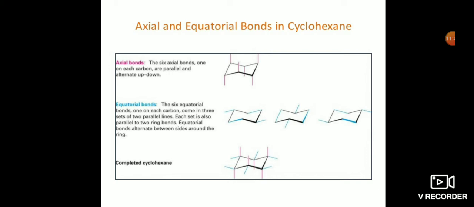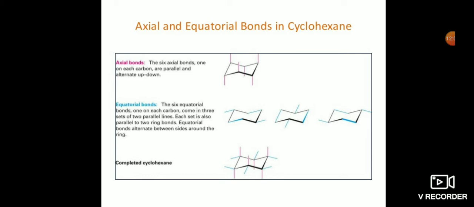Equatorial bonds alternate between sides around the ring. Means it alternates sides around the ring. One is this side and another one is that side. So this is around the ring and projecting outside, right? So all the time it is like this.